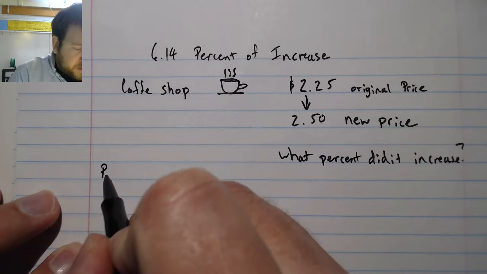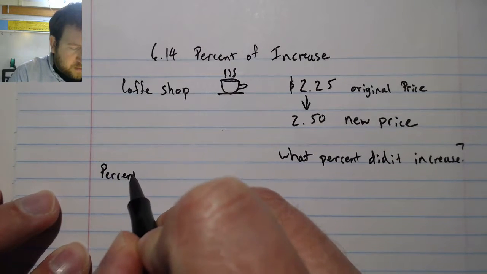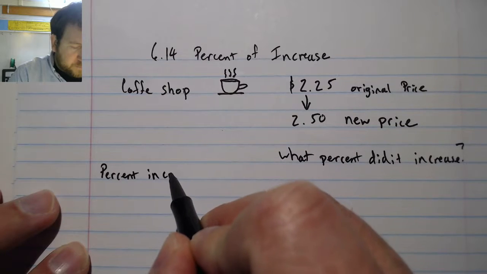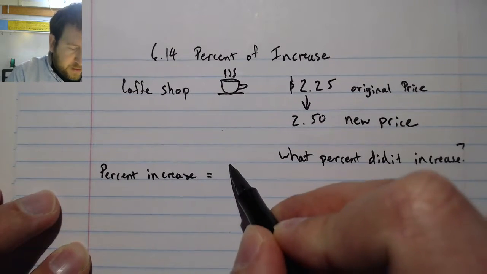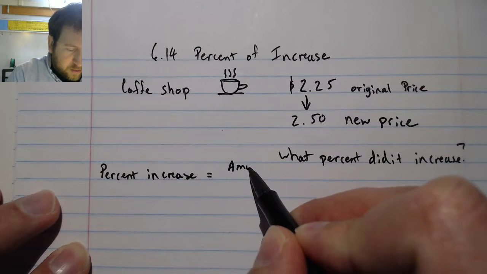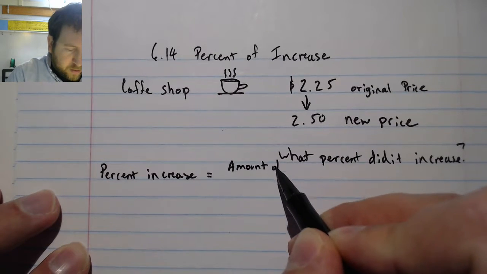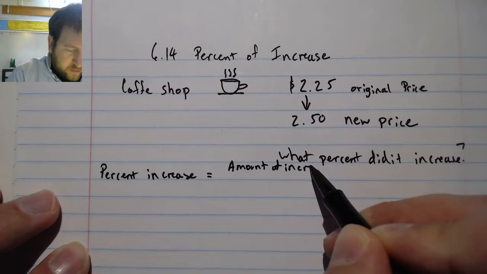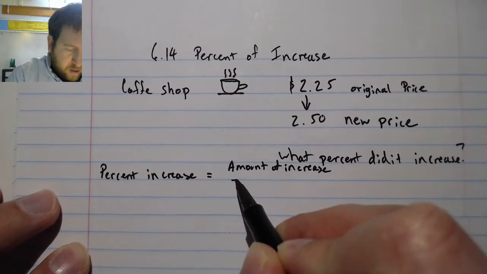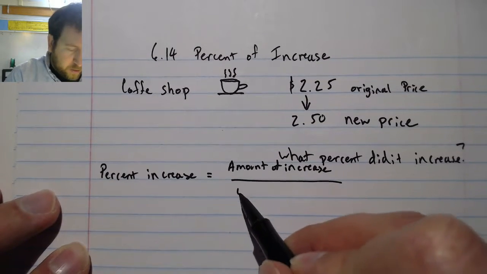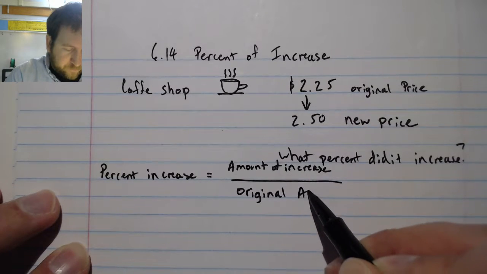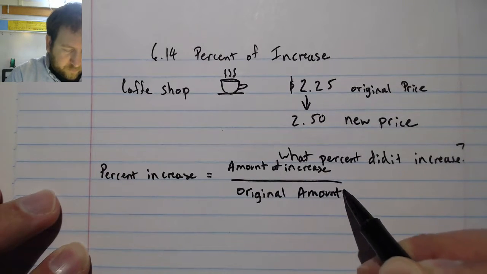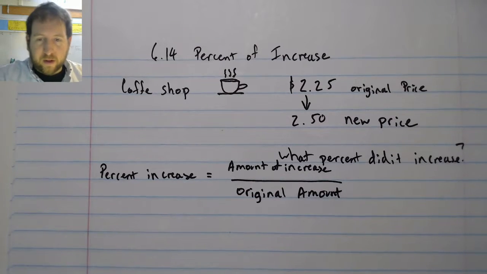We just say our percent increase is equal to the amount of increase over the original amount. And that's going to give us exactly what we're looking for.